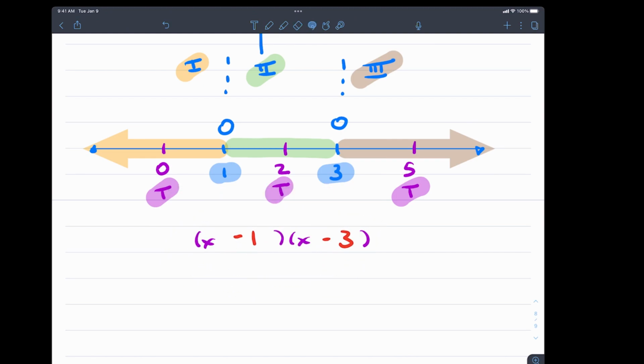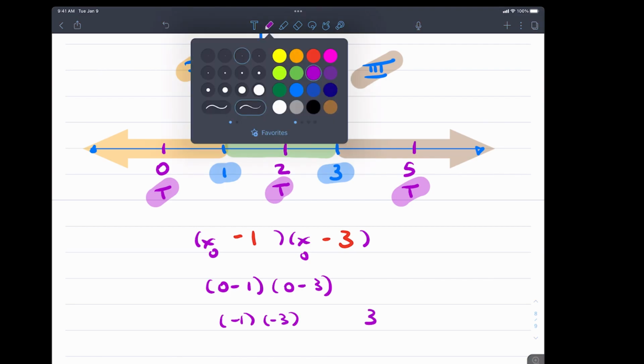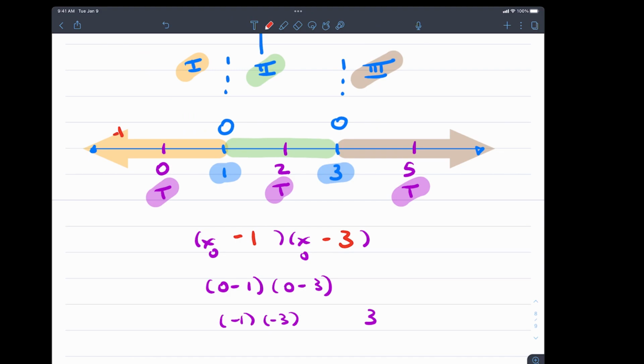We're trying to get signs because this is called sign analysis. So if I plug in the 0 here, right? The arithmetic is 0 minus 1, 0 minus 3. This is going to become -1 times -3, which is what? +3. So region 1 is what? Is positive. There you go.